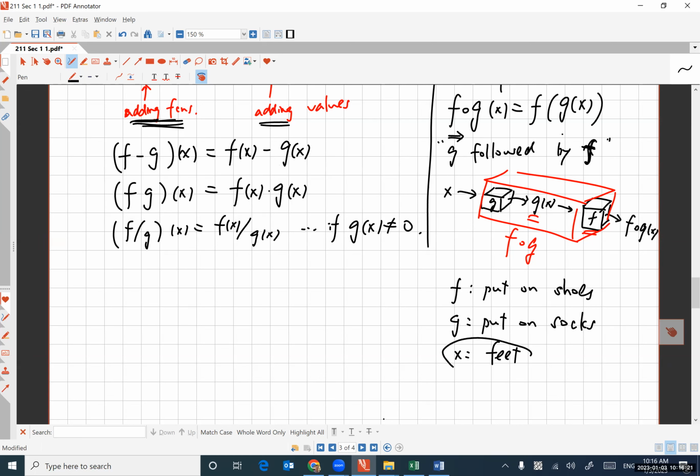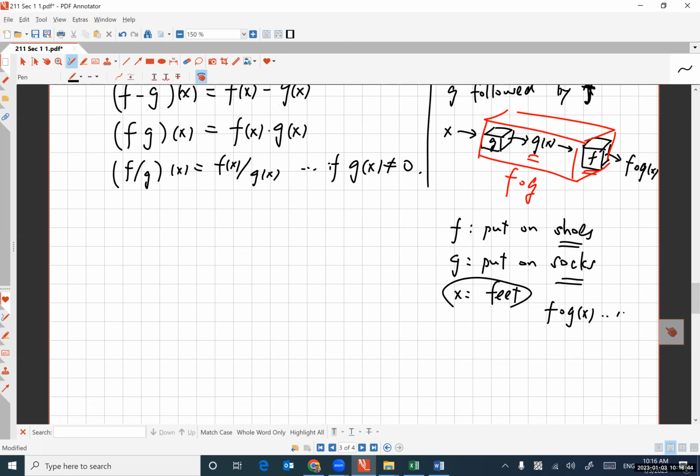So you take your feet and you put your socks on there, and then you put your shoes on top of it. f of g of x is going to look something natural and nice. Hopefully, when you have your shoes on and you have your socks on, you have a pretty decent looking thing.